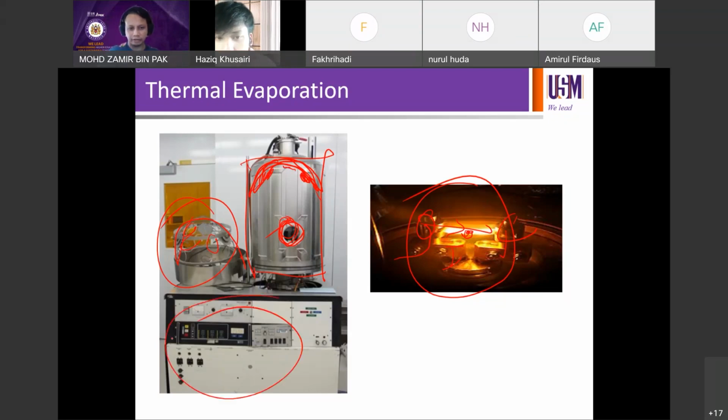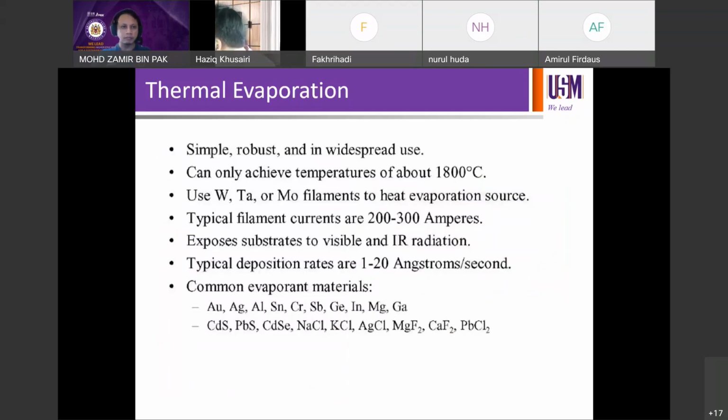So these are all the electrical control panel, turn on current or whatever. Right, okay, tungsten boat, right, 1800 ni, you can run up to this, especially if you operate on E-beam. So tungsten boat, tantalum or molybdenum are used as the evaporation source.